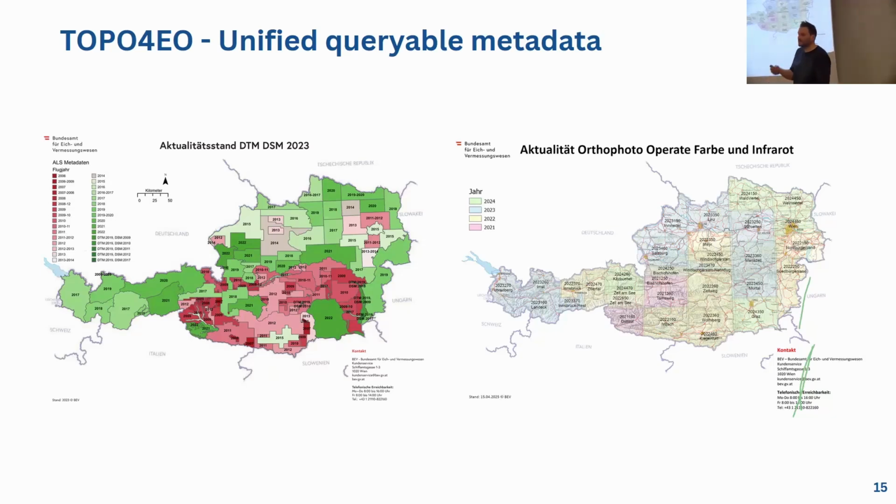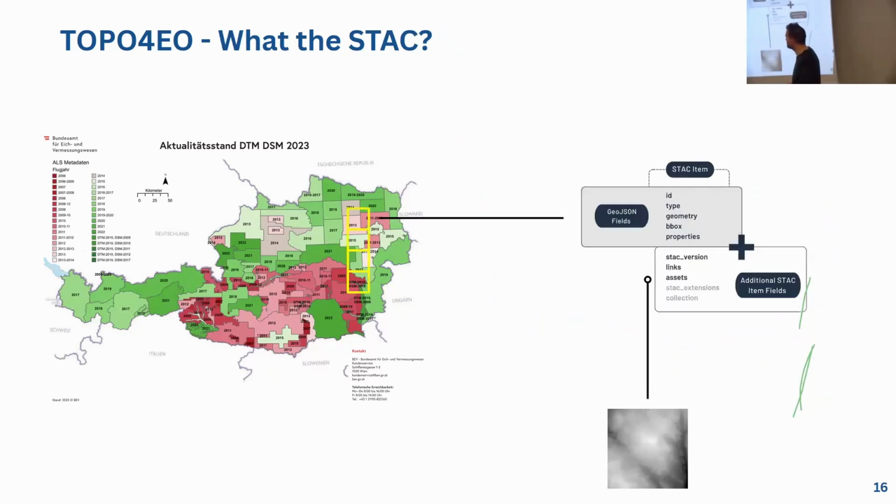And if we want to not only access the data but also know when it was acquired, and filter data by its acquisition date, because we say, I only want to work in regions which were captured in 2021, because I have a certain question related to time, then it's important that we can access the metadata and the data in a very convenient and uniform way.